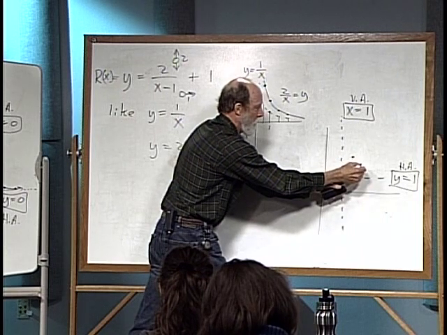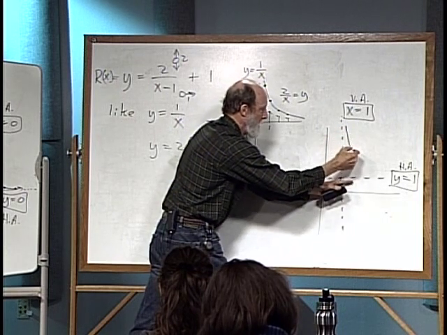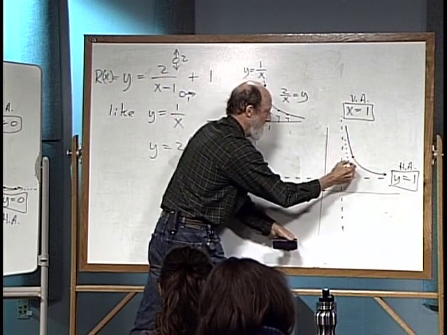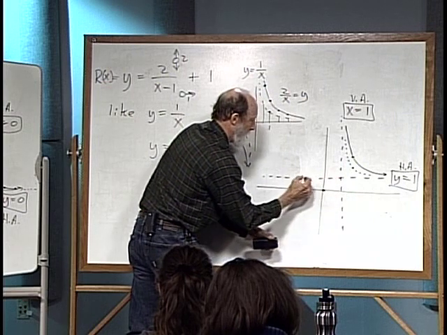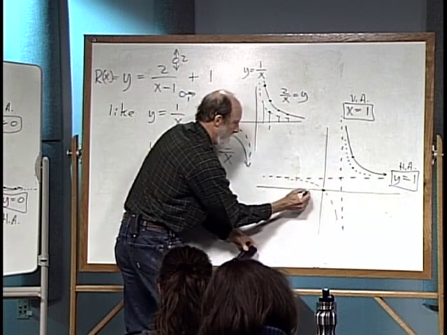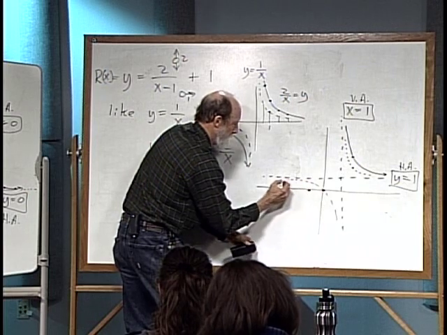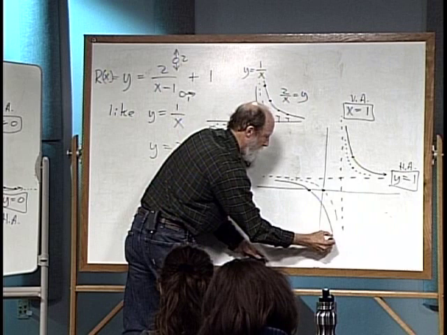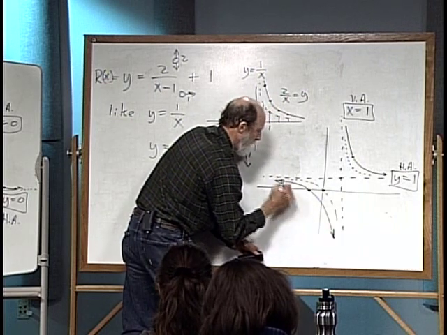And then it's going to work its way down from there. So it's going to be looking like this compared to the 1 over x type of graph, which would have been right in here, like this. So the true graph is going to look more like this, darkened here.